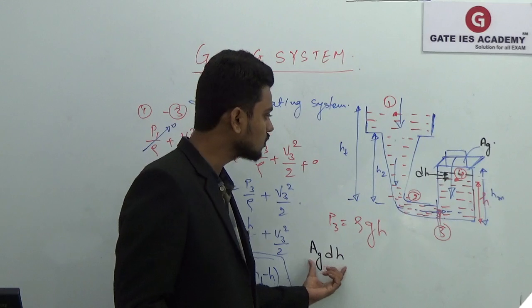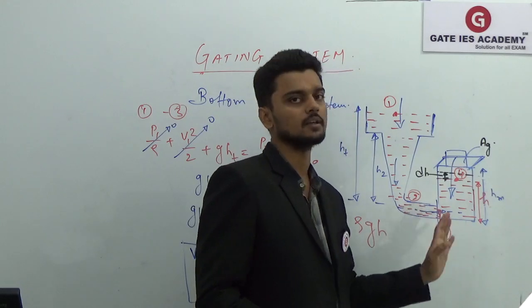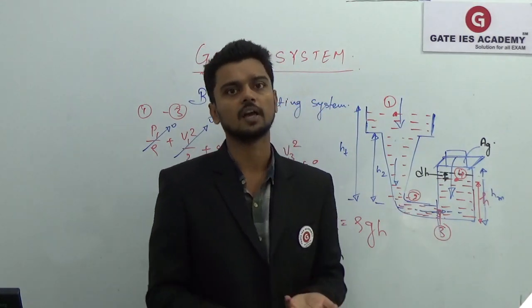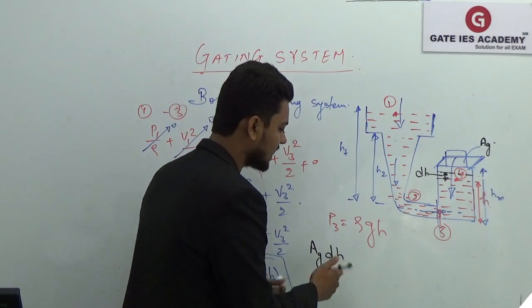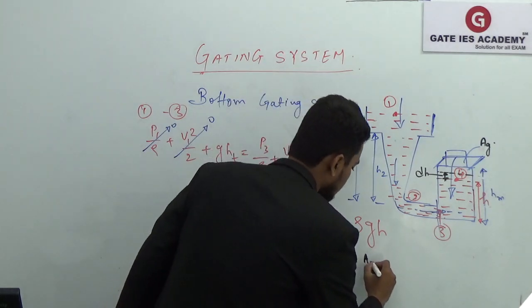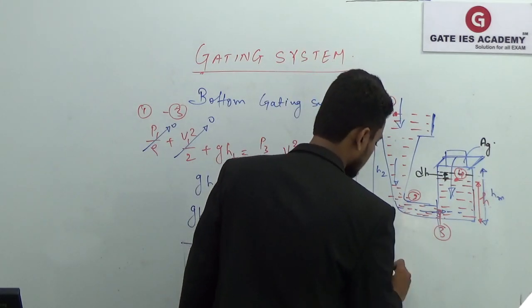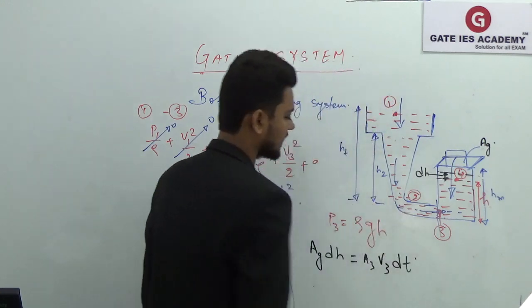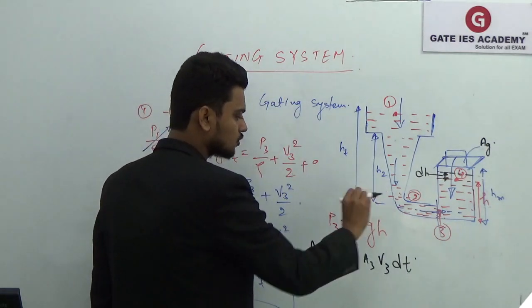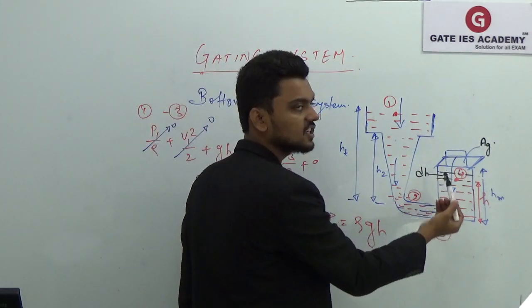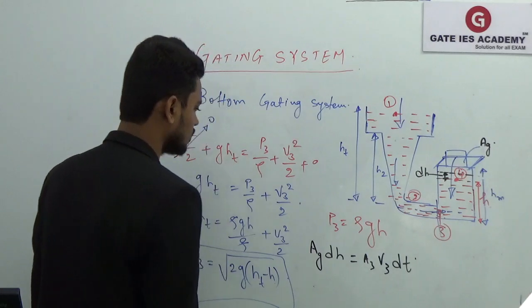So I can write Ag into dh equals A3 into V3 into dt. The volume entering through section 3 equals the volume increase in your mold cavity.